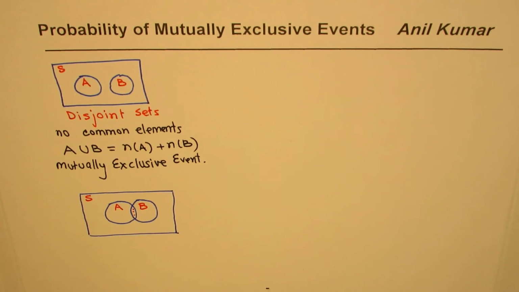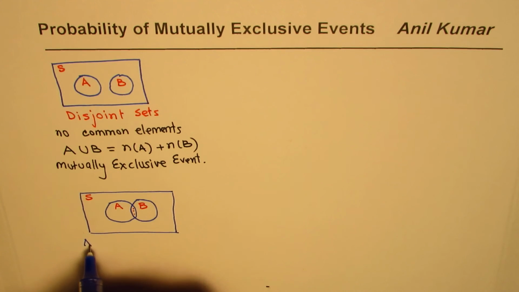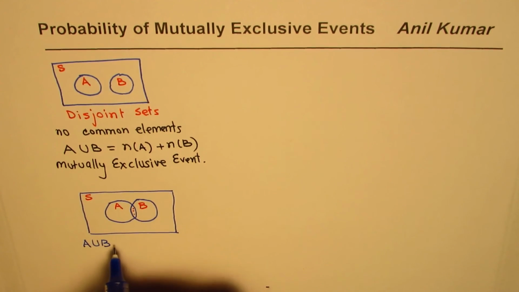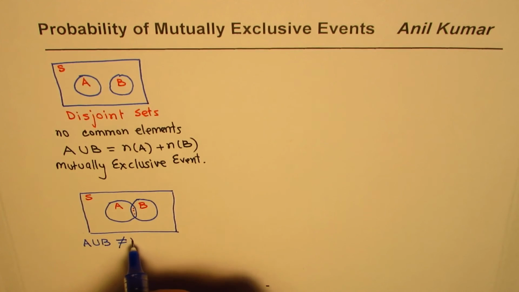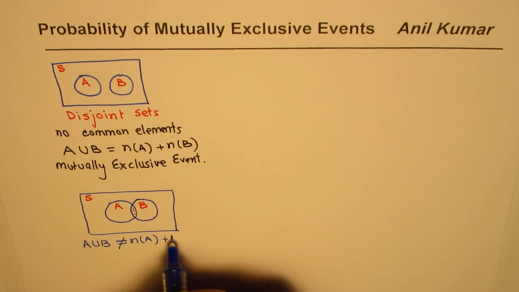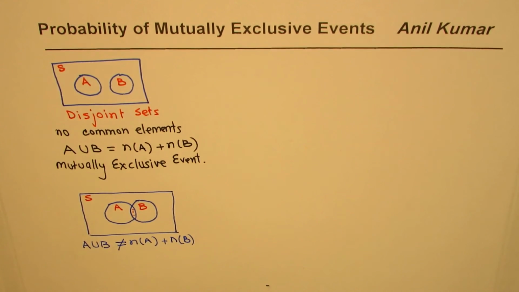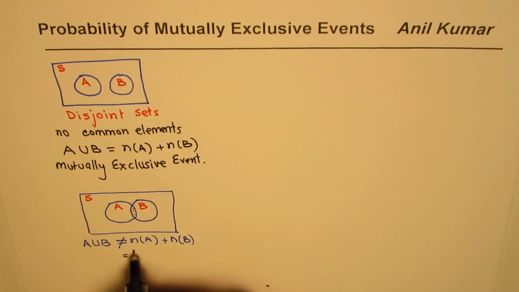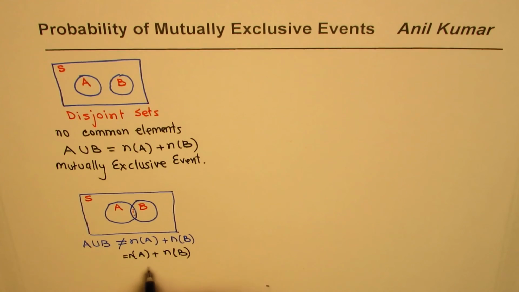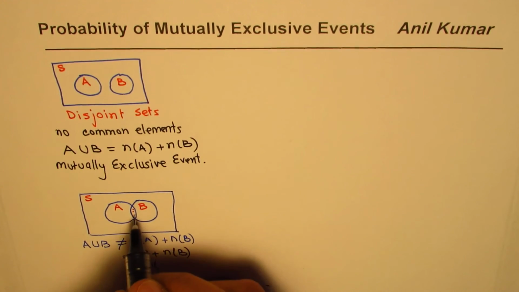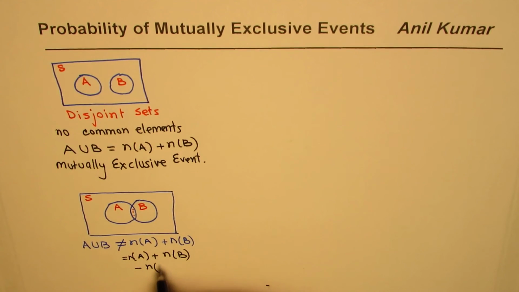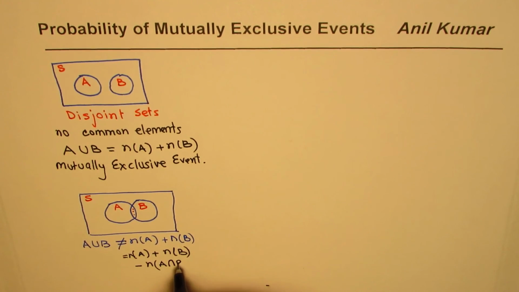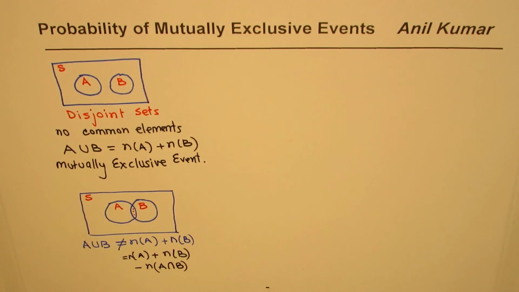So that means the union of these two events, A union B, is not equal to the sum of A and B. Can you tell me why? It is mainly because they have some common elements. In this case, the union will be elements of A plus elements of B, take away the elements which are common because we are counting them twice. So which is the intersection of A and B. So that makes the huge difference.